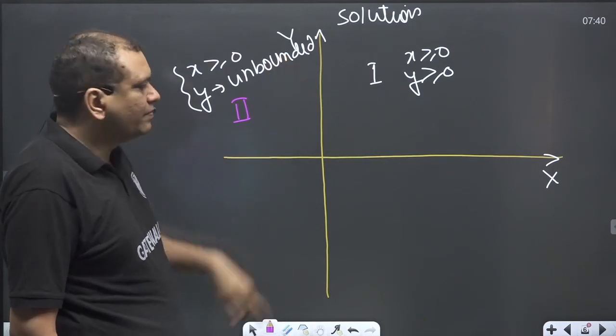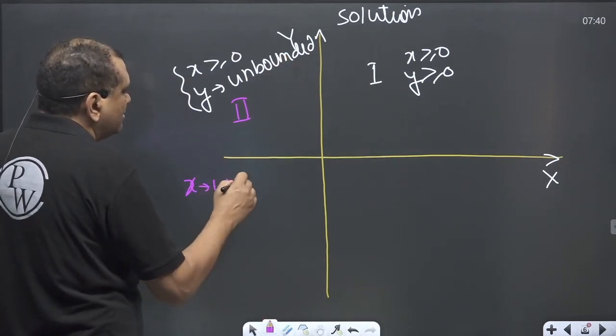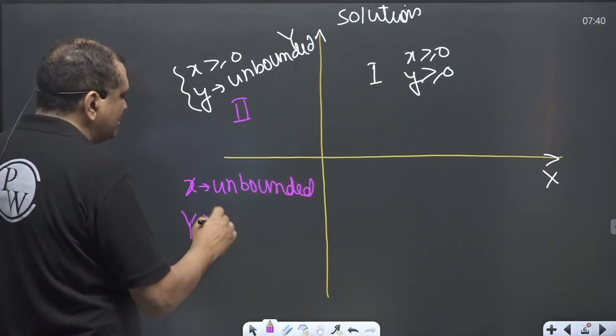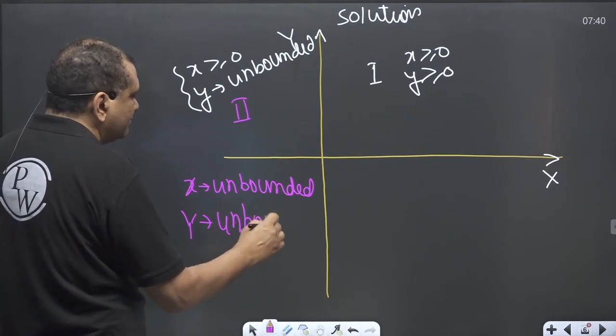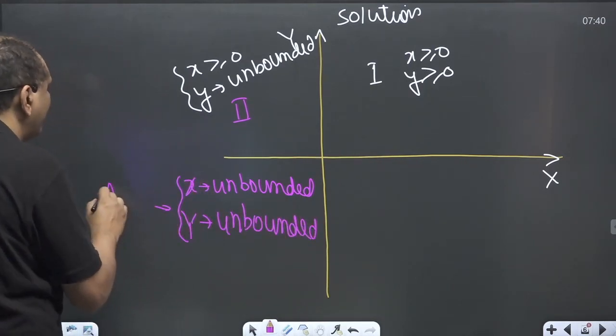Okay? If x is unbounded, y is also unbounded, your solution lies in all the four quadrants.